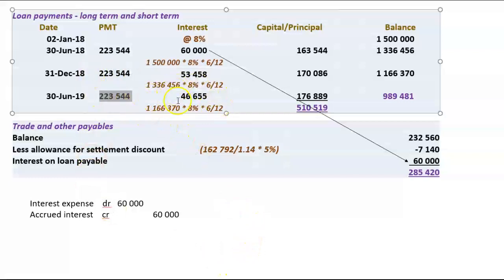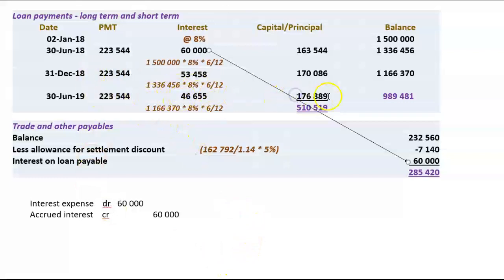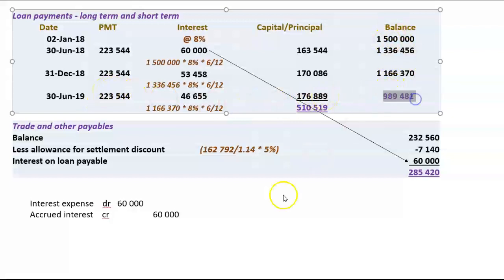The difference between the two, again, will give us the capital that will be repaid with that installment of 223,544, which is 176,889. At the end of next year, there will be an outstanding capital balance then of 989,481, the 1,166,370 less the 176,889.